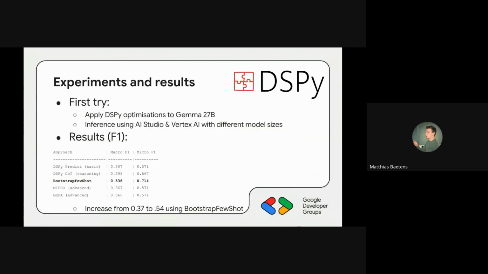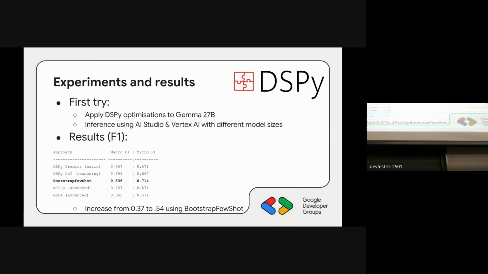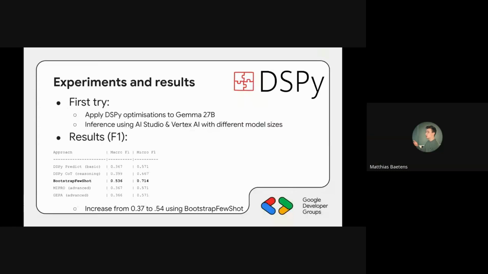But on to results. So in my first experiment, I tried to run the DSPy optimizations on Gemma 27 billion, as well as running them on AI Studio and Vertex AI straight out of the box. And the results were kind of interesting. So my F1 score for the 27B model went up from 27 to 54 with bootstrap few-shot.